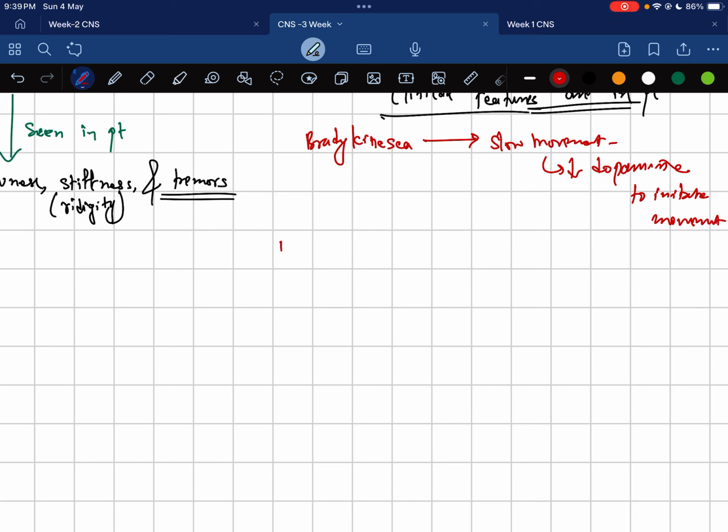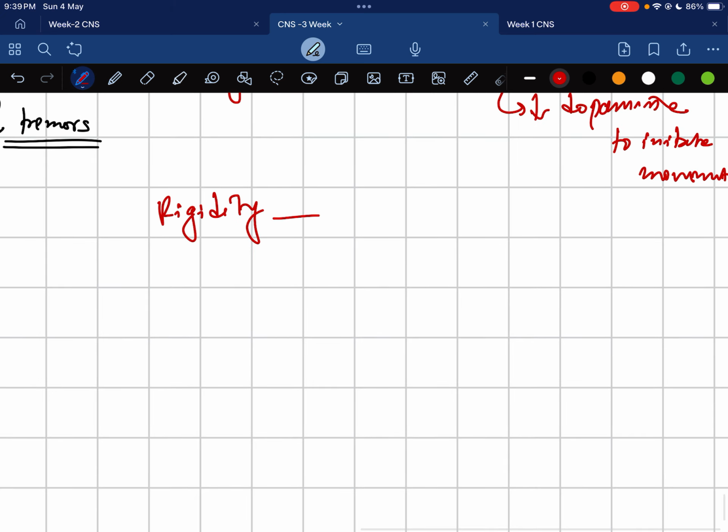Another is rigidity, where the muscles are stiff due to an imbalance of the motor pathway.